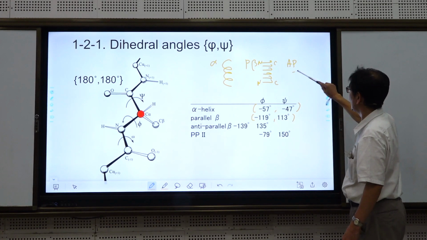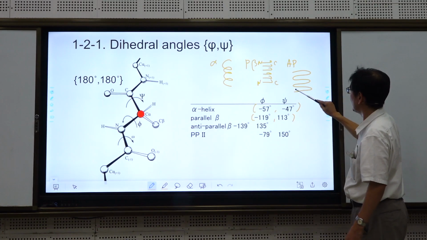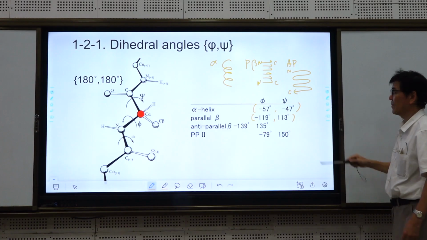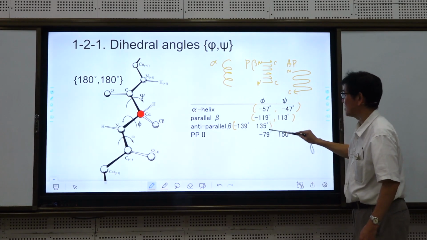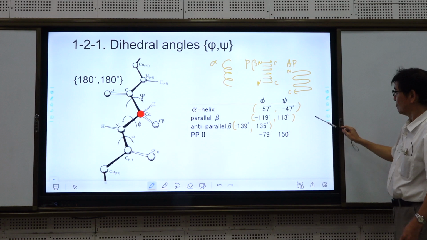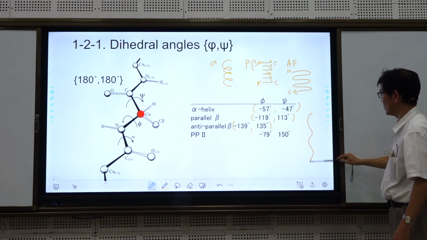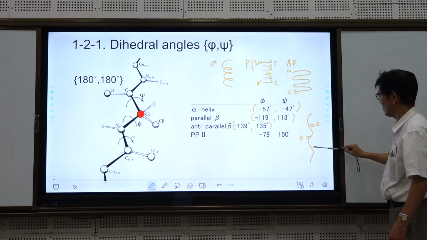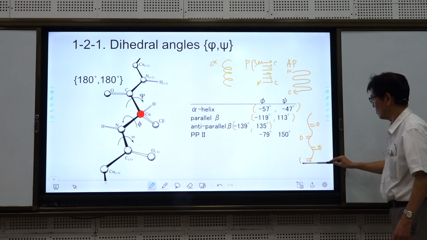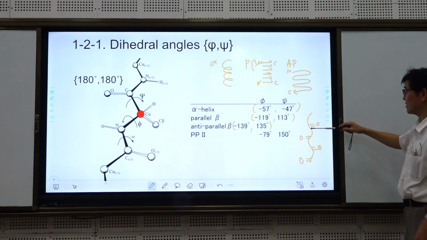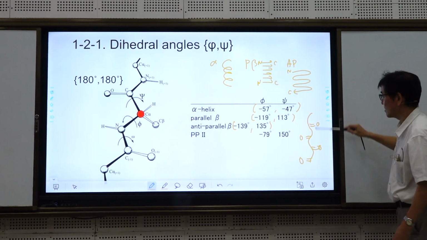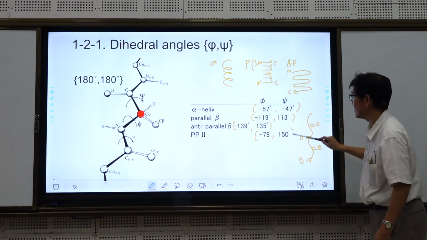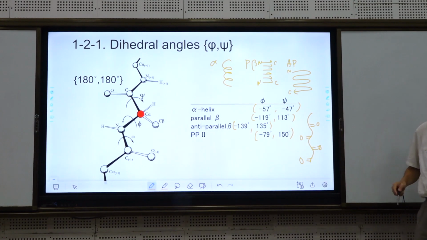Anti-parallel beta, the value is in this region. Polyproline 2, CO stretching directly perpendicular to the extension axis. The dihedral angle is something like this.